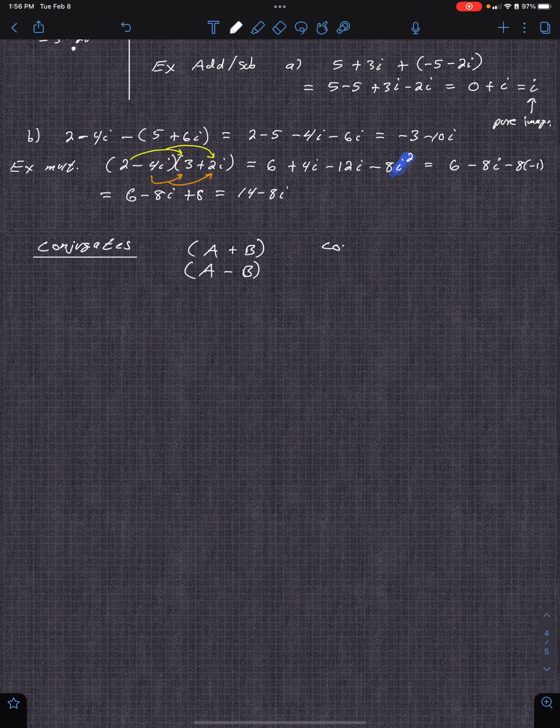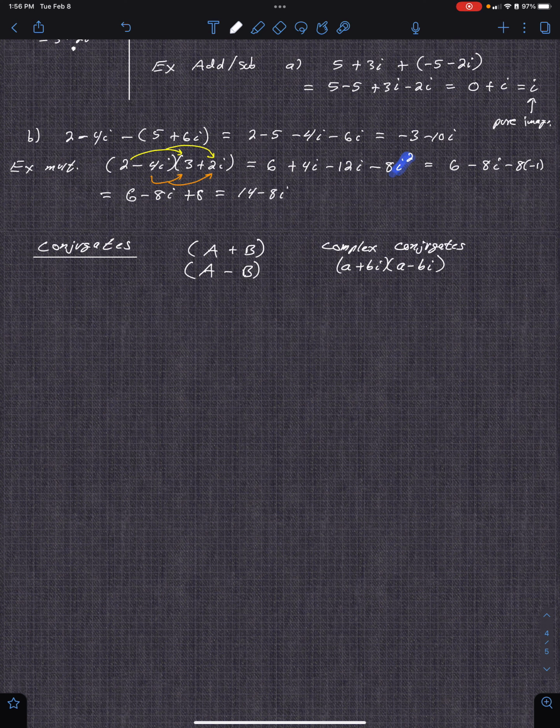So complex conjugates look like this: a plus bi times a minus bi. Those are conjugates for complex numbers. You just change the sign in the middle. Literally, that's what you write down, change the sign in the middle.